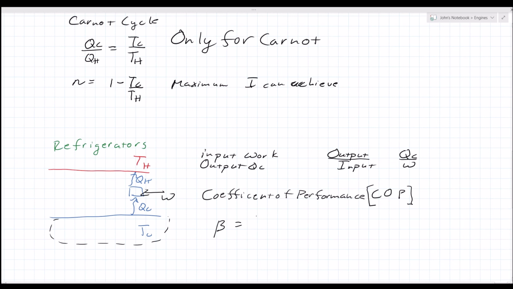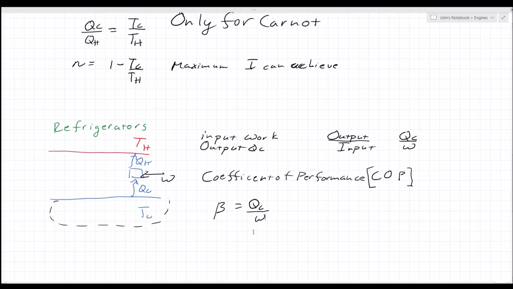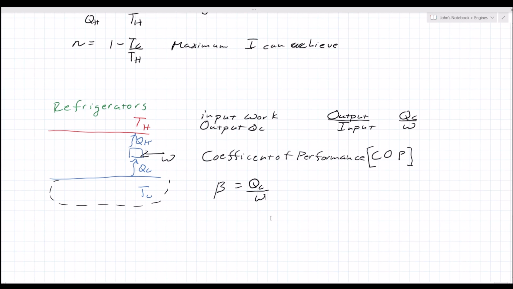And like I said, that's your output over input. What do you get out over what you put in? Well, I'm removing heat and I'm putting in work. So that would be my coefficient of performance for a refrigerator.